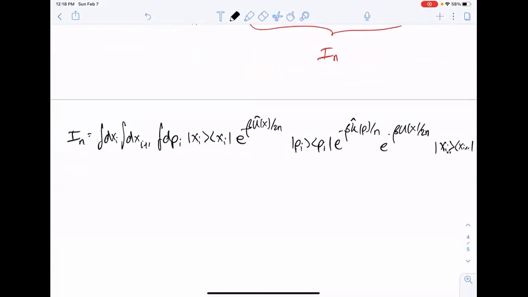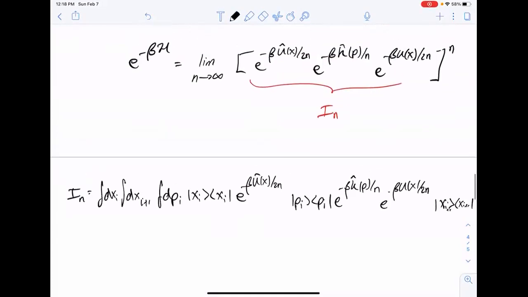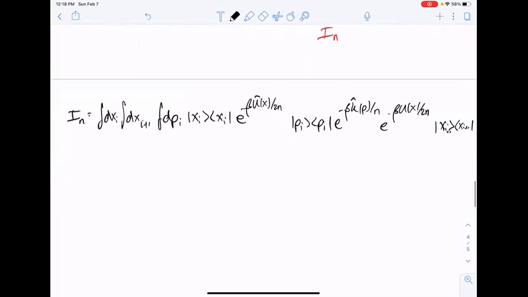Okay, so that's an exact operation in one of those n factors in the Trotter expansion of the Boltzmann operator.